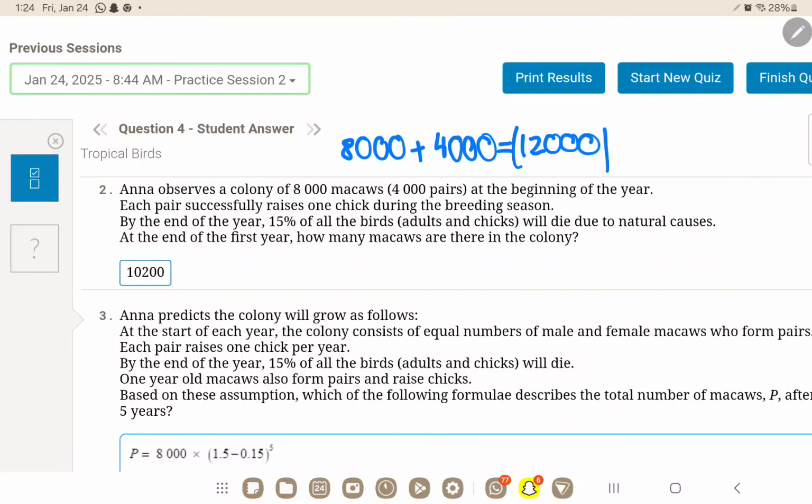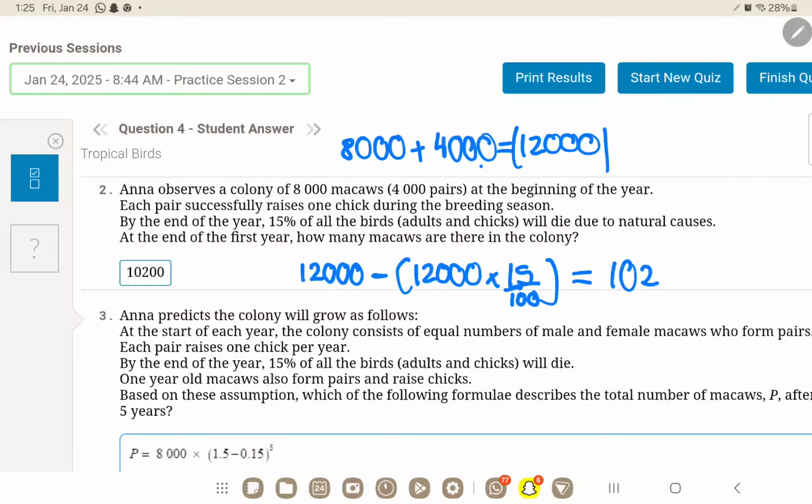Now, they're telling us 15% of all of them are going to die. So how do you calculate percentage? You do the total number minus the percentage, so 12,000 minus 12,000 times 15%, or 15 over 100. Wait, let me do it really quickly again to make sure.